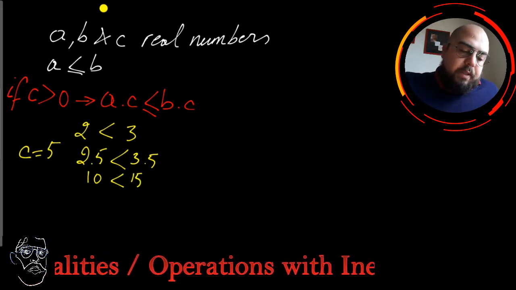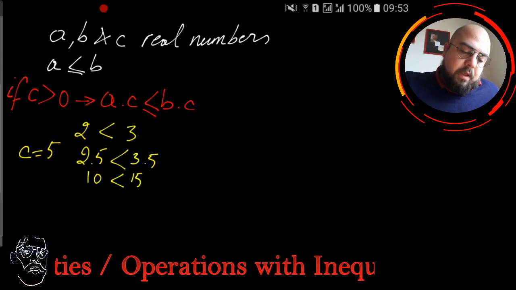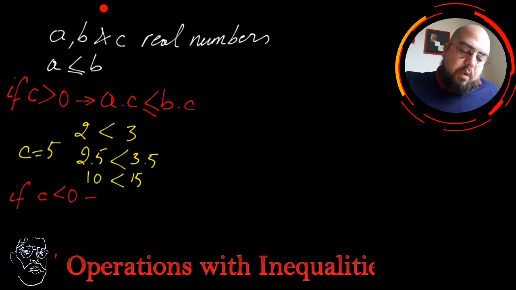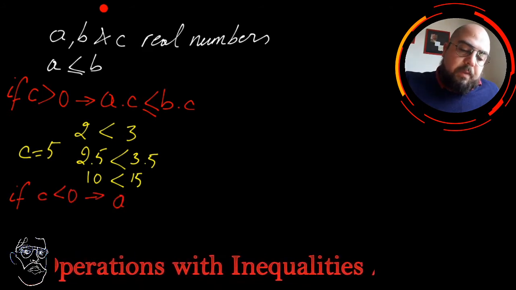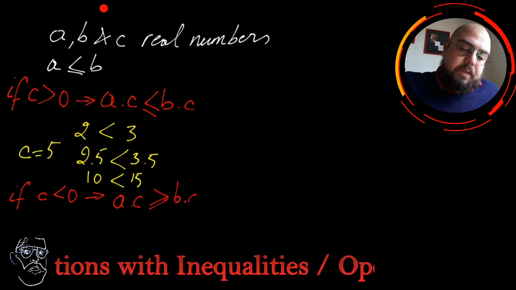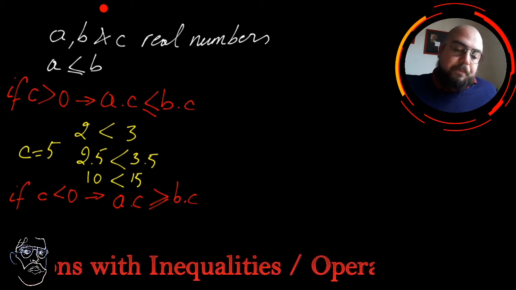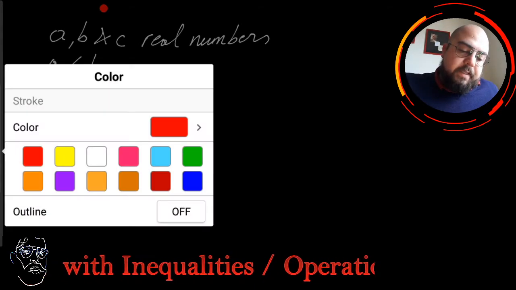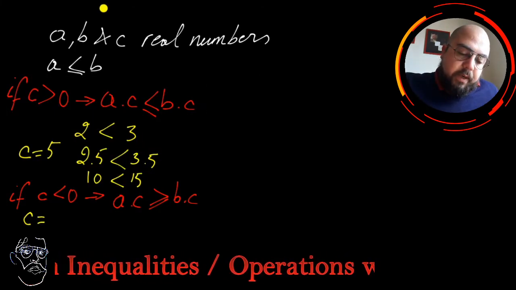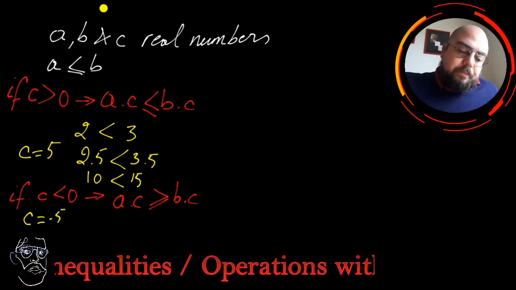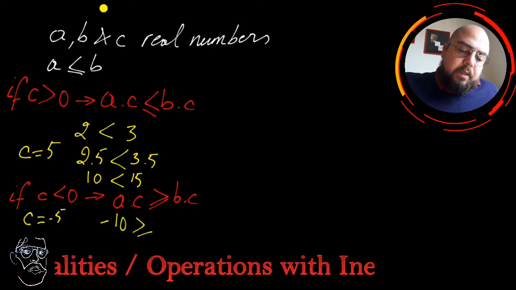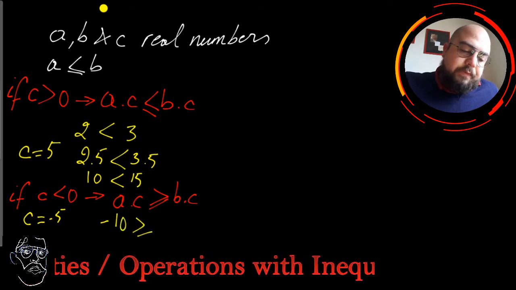Now, in case C was negative, we can say A times C will be greater than B times C. In this case, it will change. So in the same example, 2 smaller than 3, multiplying by C, which is minus 5, I will have minus 10 greater than minus 15.